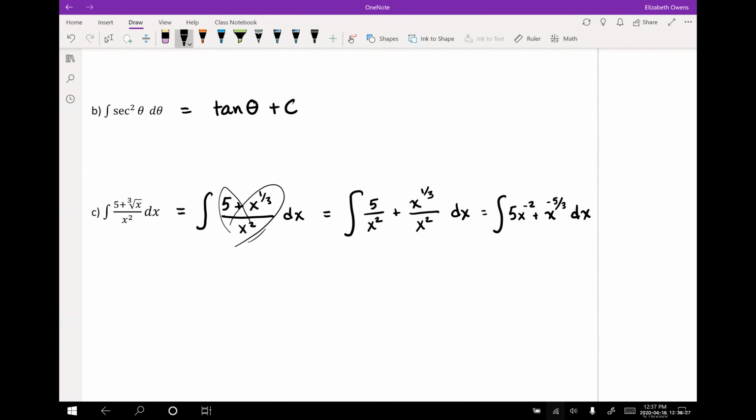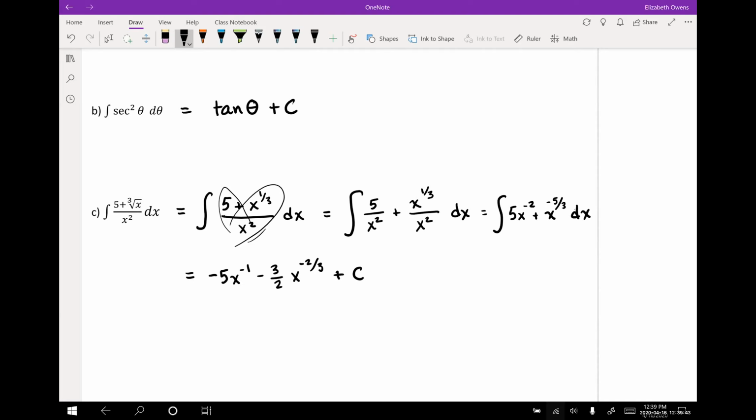Okay, now we're ready to get our antiderivative. So let's see, who would like to get this one? Now that we've written it nicer. And there it is, Felipe. All right. -5 x to the -1 power minus 3/2 x to the -2/3 power plus c.